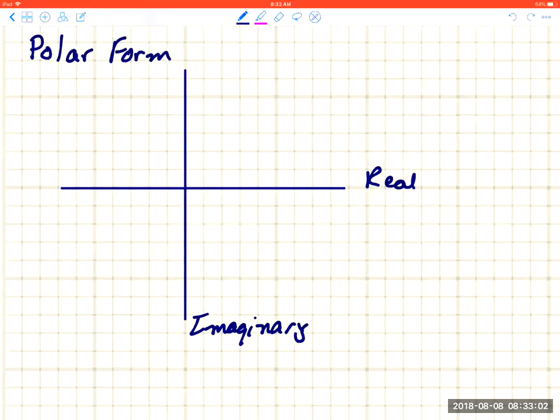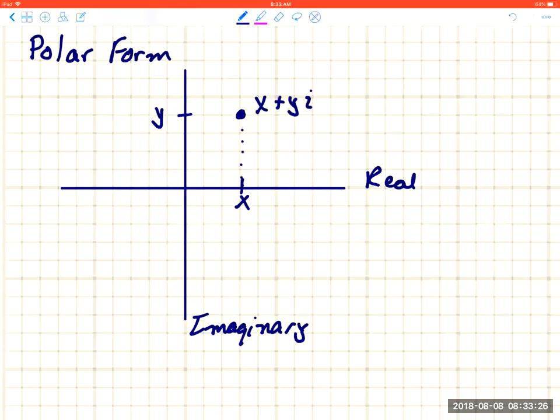Okay, so let's just think about a point up here. That is some complex number x plus yi. It's got a horizontal component and a vertical component.